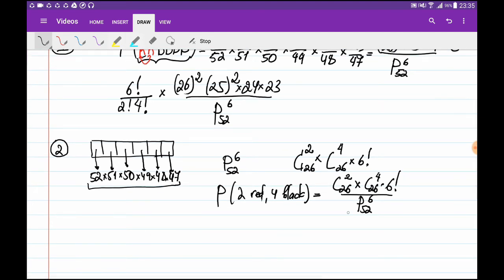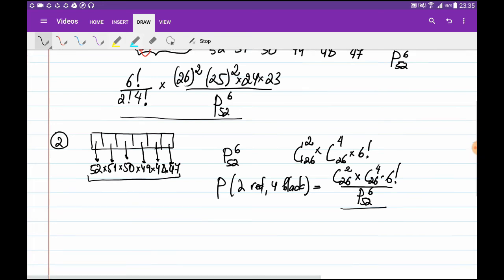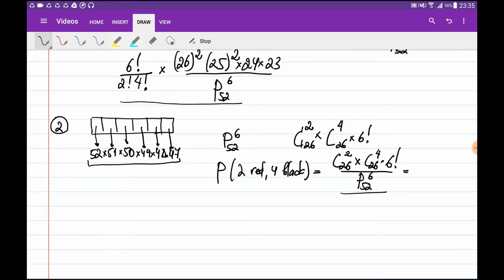Please note that this answer is the same as the answer of the previous solution, since we can write these combinations as 26 factorial over 24 factorial multiplied by 2 factorial, multiplied by 26 factorial divided by 22 factorial multiplied by 4 factorial, multiplied by 6 factorial, over the permutation.